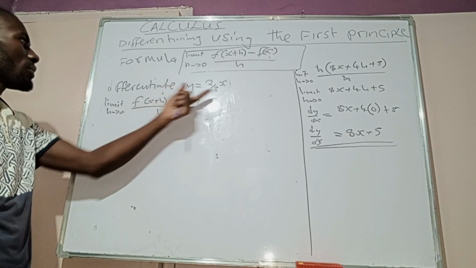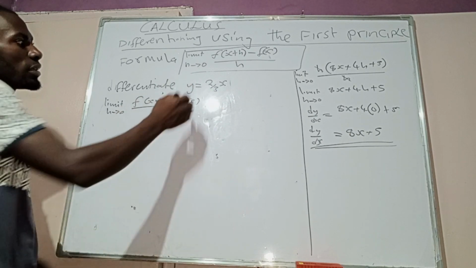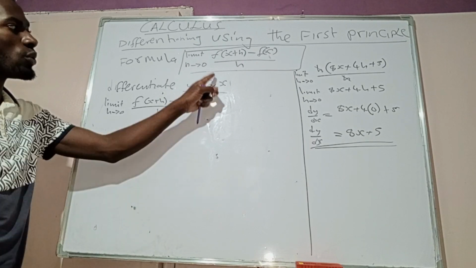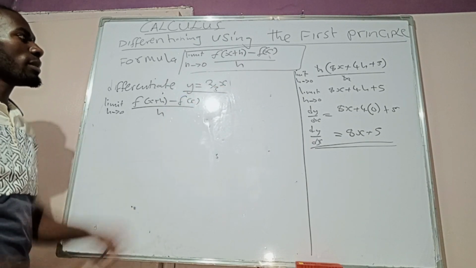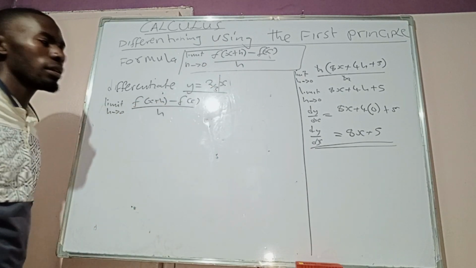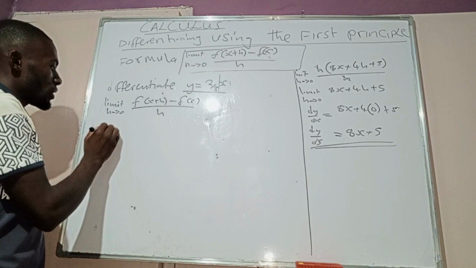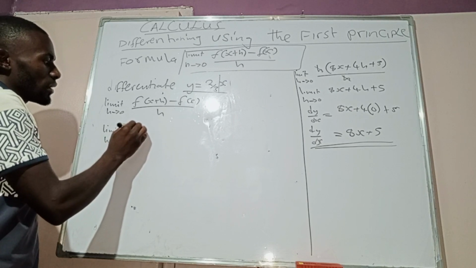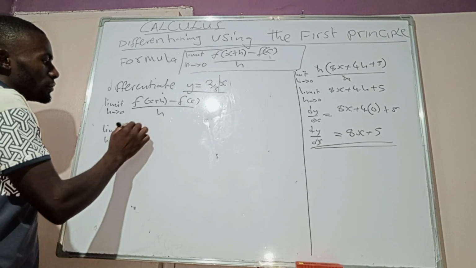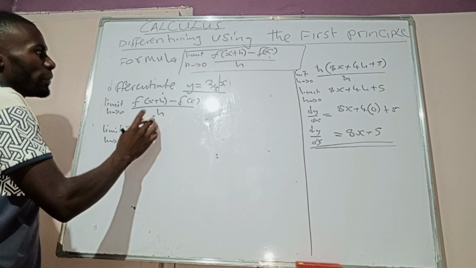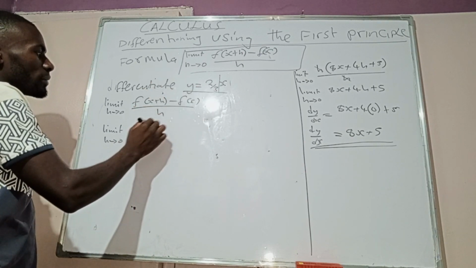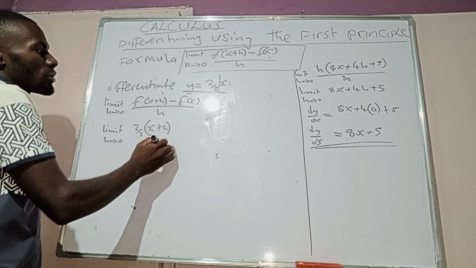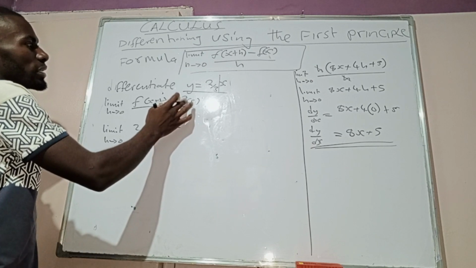So here you look at the equation given. You have 2 over 3x. So this means you need to factorize the coefficient. So you're going to have limit h approaches 0, 2 over 3, open brackets, x will be represented by x plus h, close. Then minus, what is the f of x?